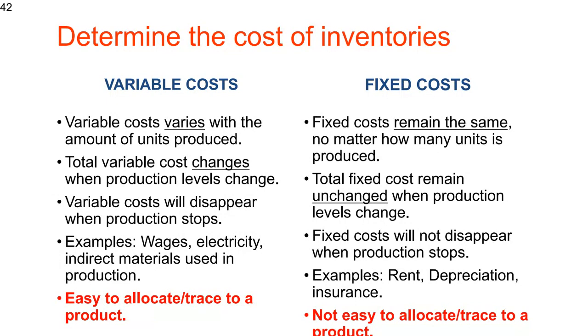That's how much it cost us. Does that make sense? Just give me a thumbs up if you understand the relationship between variable costs and the costing and allocation of the inventory, right?